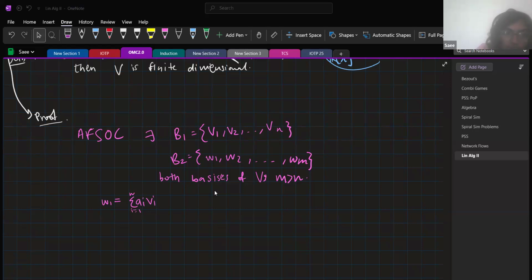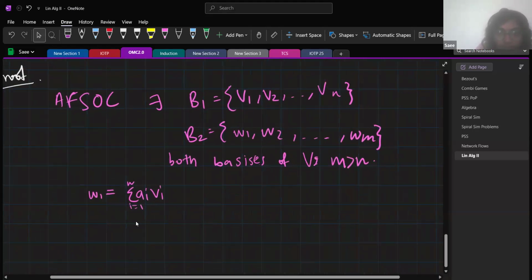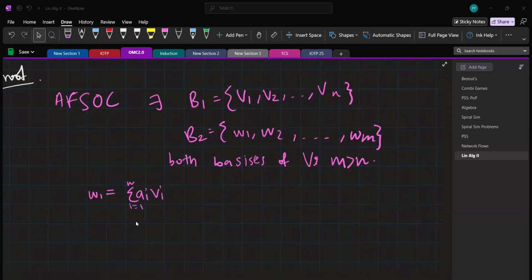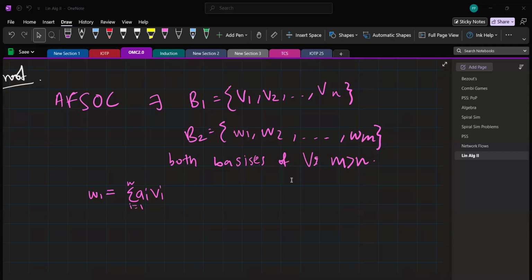What is something we can do with these? If we know each of the W's can be represented as a linear combination of the V's, then we can form n W's independently, and for the remaining, can we try and show we can use those n W's to get the other W's as a form of them?